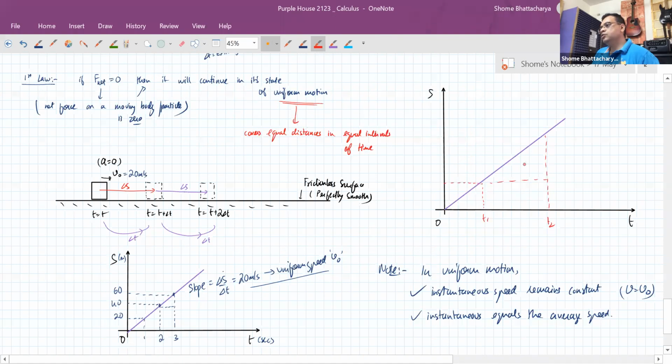That will be equal to the slope of this straight line only. That is the concept of a straight line. That tan theta equals y2 minus y1, in this case s2 minus s1, divided by x2 minus x1, which in this case is t2 minus t1.